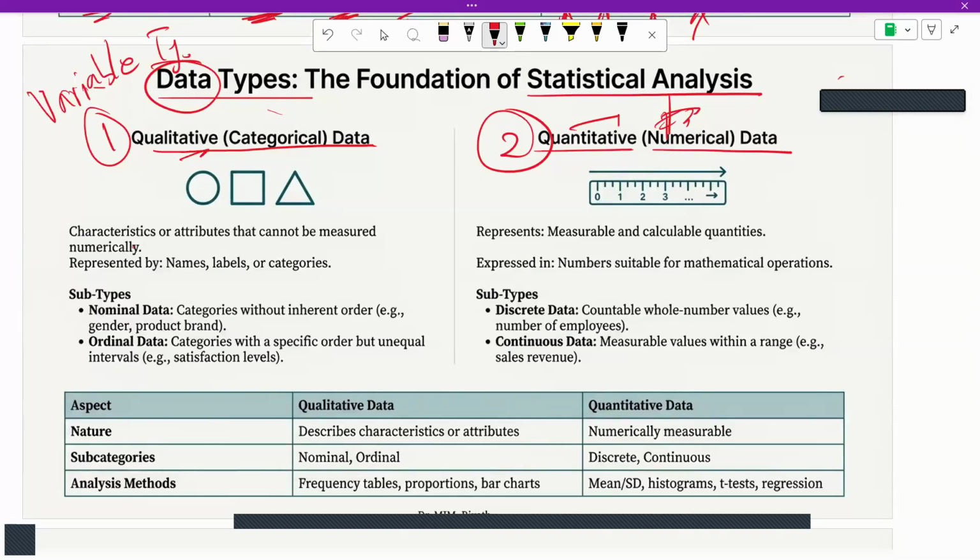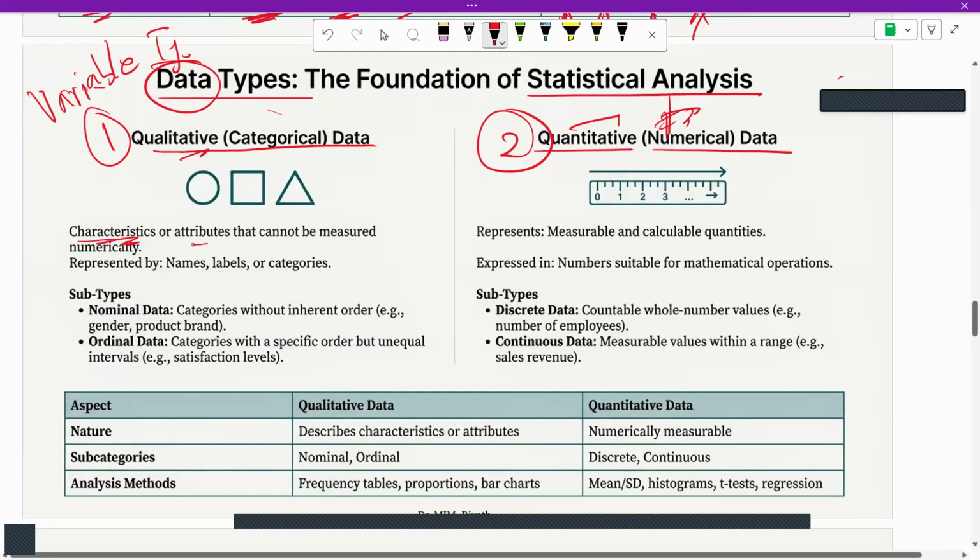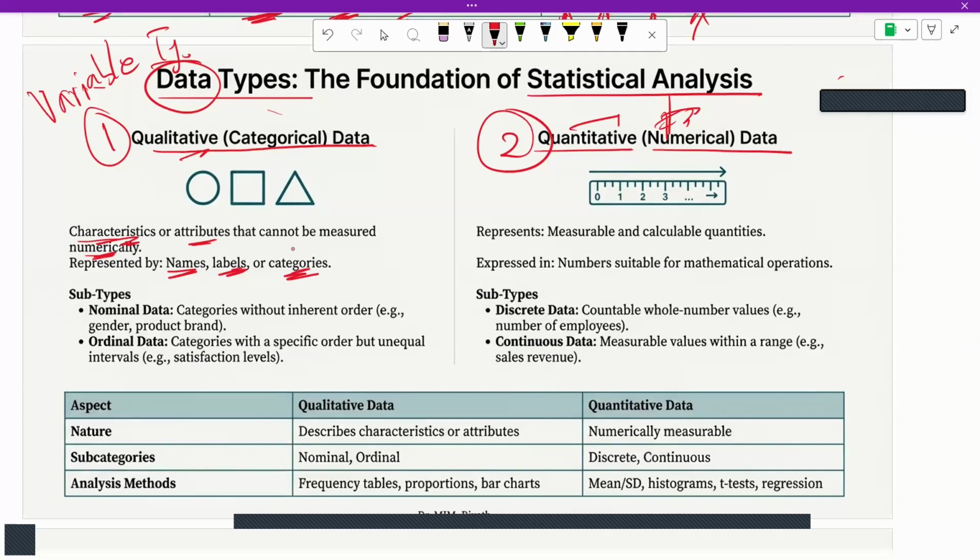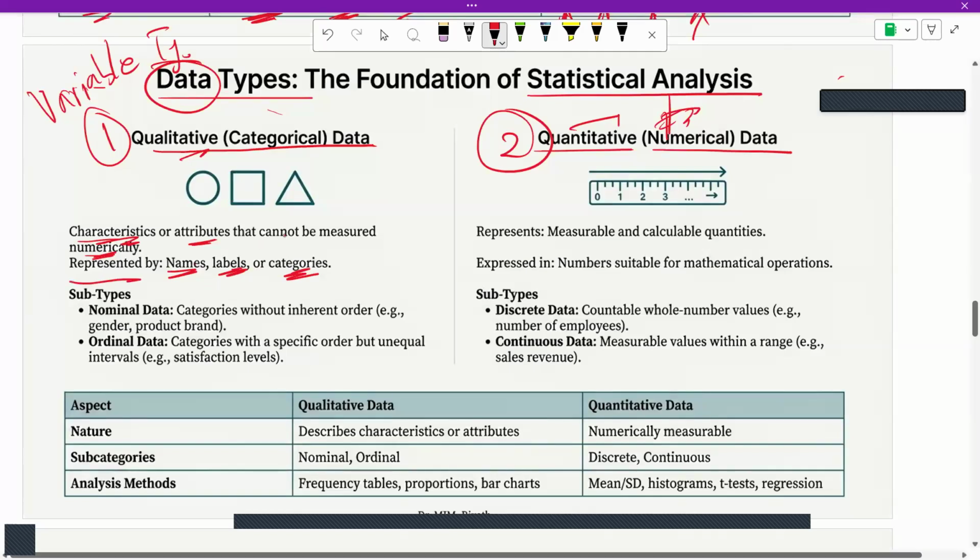Characteristics here: a qualitative variable represents characteristics or attributes that cannot be measured numerically, right? It represents names, labels, categories. Your name is a label. Your gender is a category. Your field of study is a category, right? So it has no numerical values.